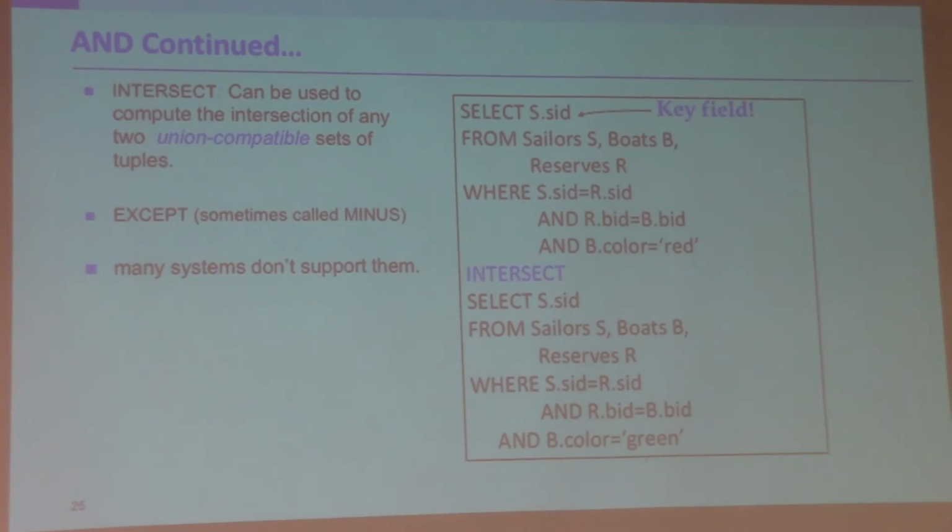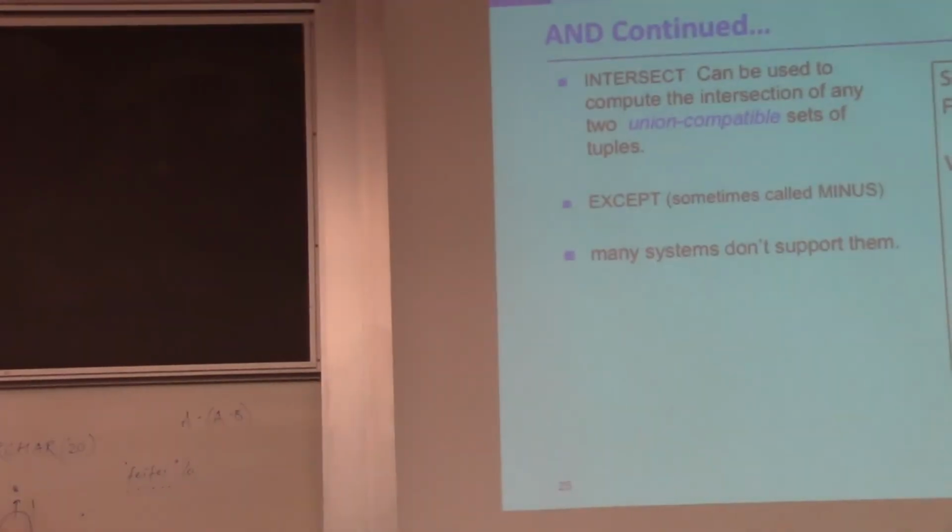So the databases will have EXCEPT, but they might not implement INTERSECT. You can also take advantage of EXCEPT, which means minus, the relational algebra operator. If you remember, intersection is A minus B, right? You can use EXCEPT there.